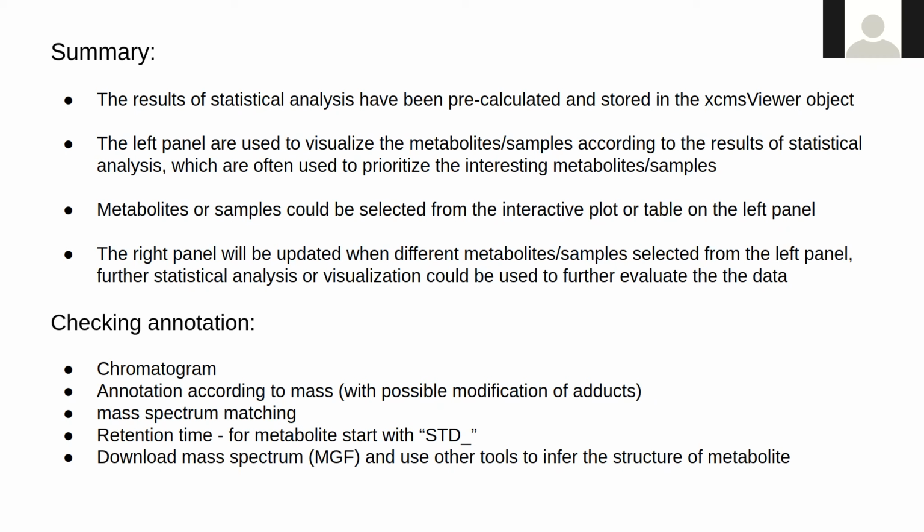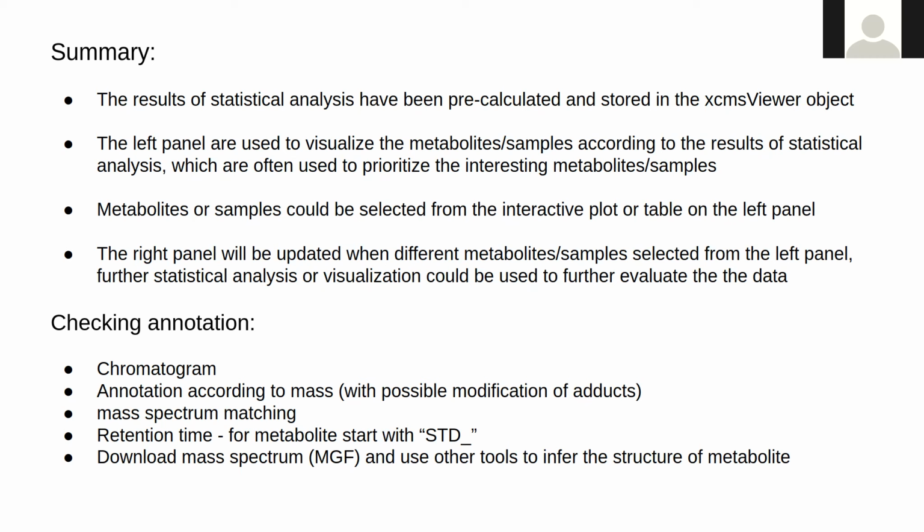To check the annotation, we have different ways. The first thing is to check the chromatogram. The best metabolites will have a good chromatogram shape. And also, of course, annotation according to mass is important. We can rule out 99% of other compounds, but still it's not enough to say something for sure.